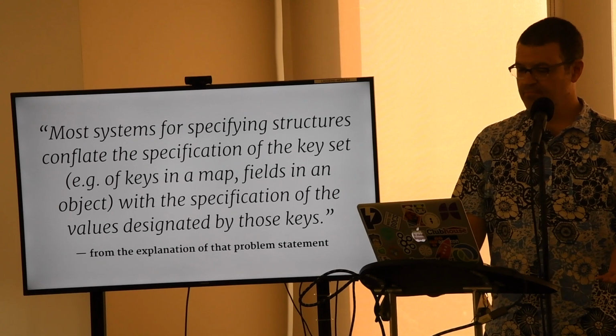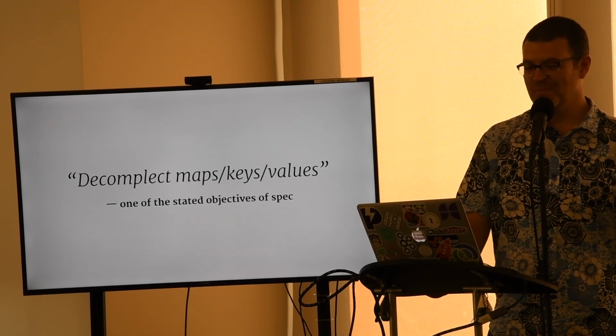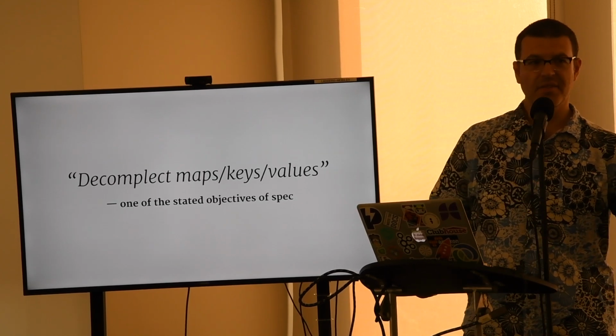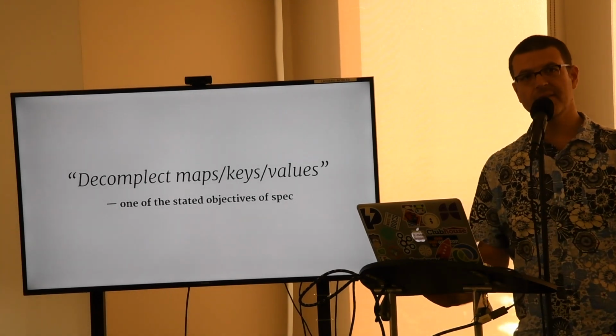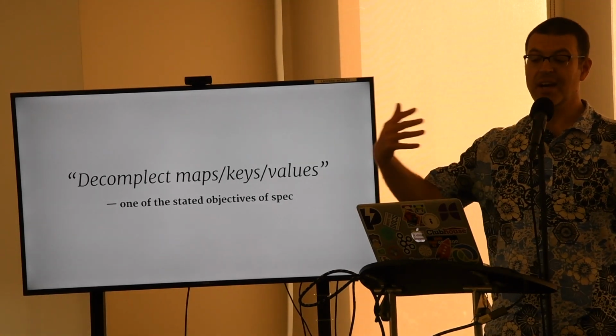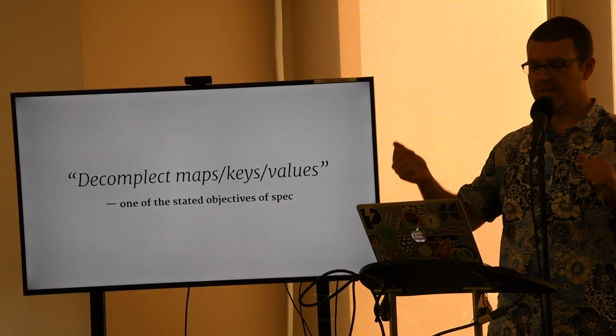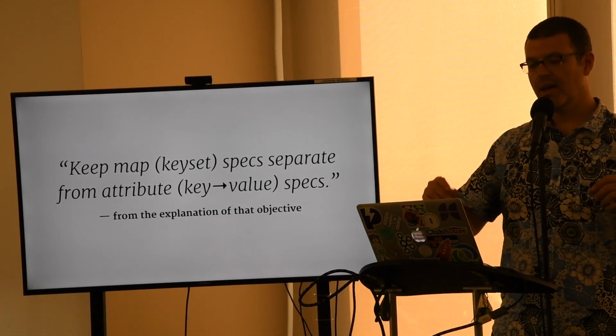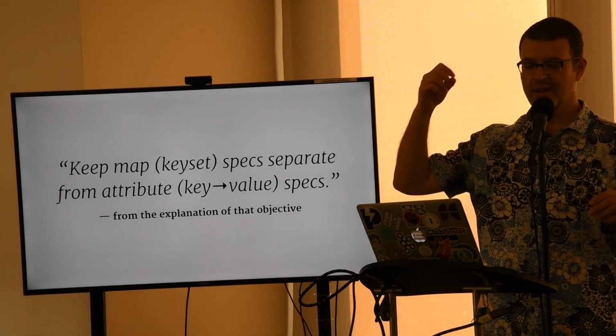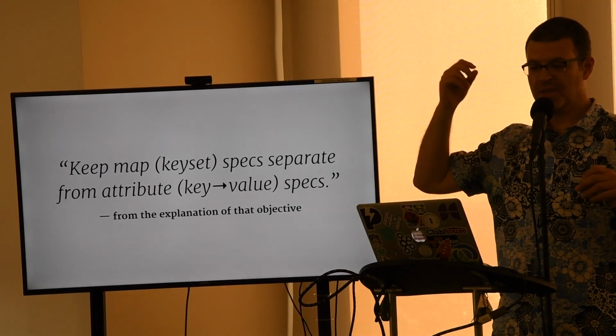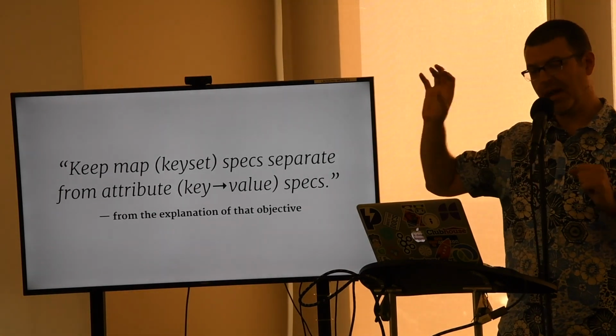Okay, let's see if we can move on. One of the stated objectives of Spec is to decomplect, sort of decouple maps, keys, and values. Formulated a different way in the same document, to keep map specs separate from attribute specs.